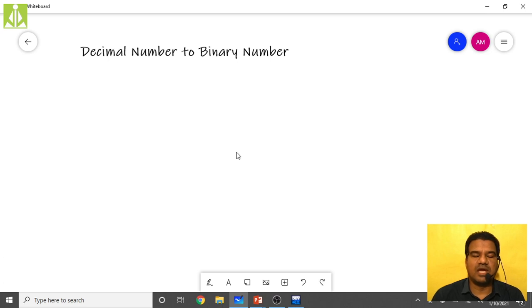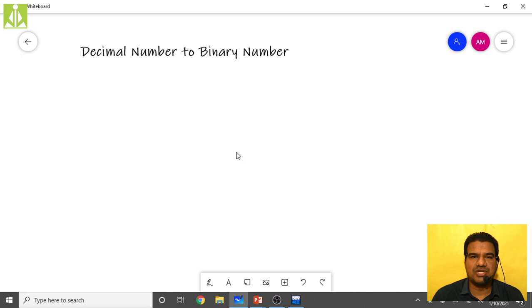First we see the conversion from decimal number to binary number. After that, I will explain how we can convert a binary number into a decimal number.